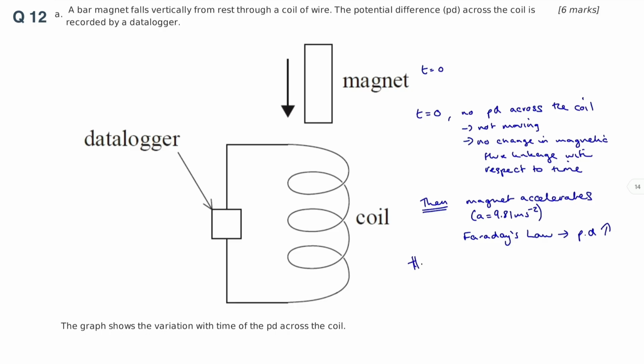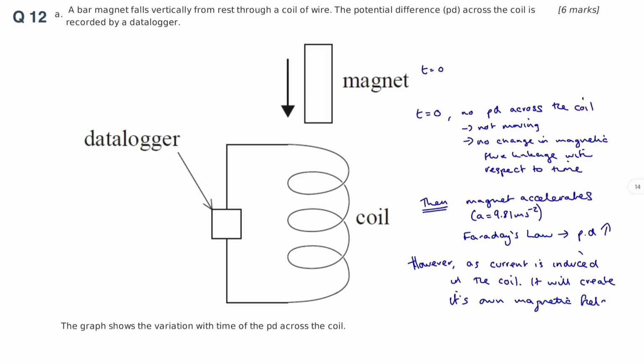However, as current is induced in the coil, it will create its own magnetic field around it.